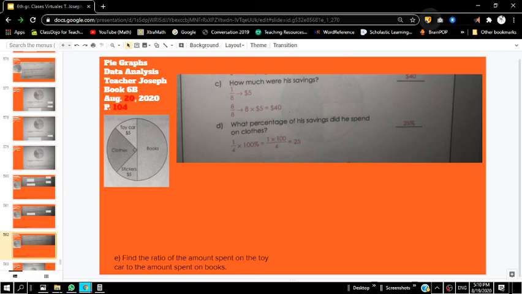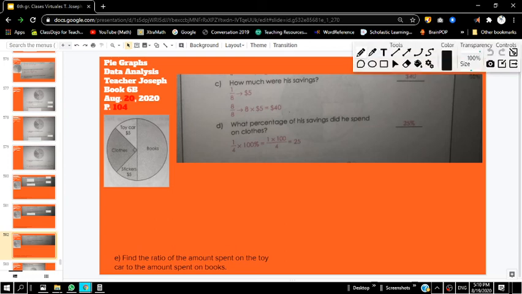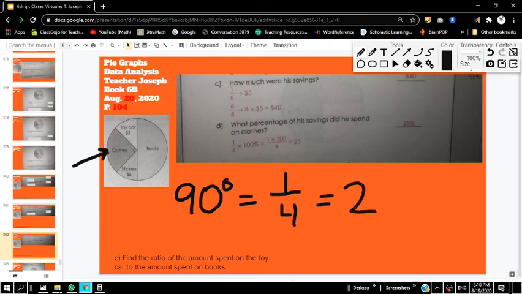Because 90 degrees, in this case, here we go, look at this, 90 degrees equals 1/4, which also equals 25%, okay?